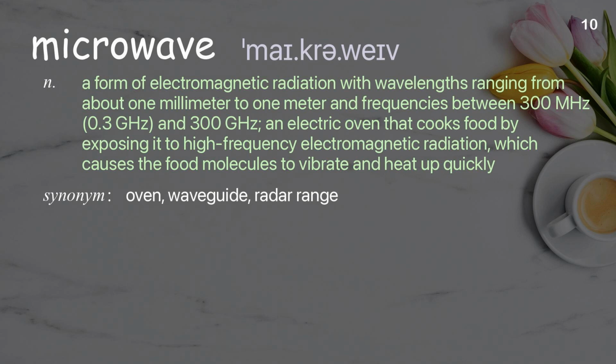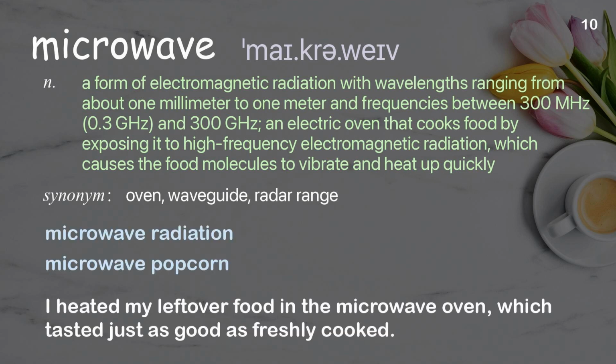An electric oven that cooks food by exposing it to high-frequency electromagnetic radiation, which causes the food molecules to vibrate and heat up quickly. Examples: Microwave radiation, microwave popcorn. I heated my leftover food in the microwave oven, which tasted just as good as freshly cooked.